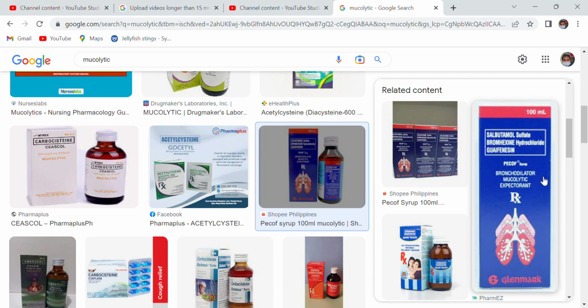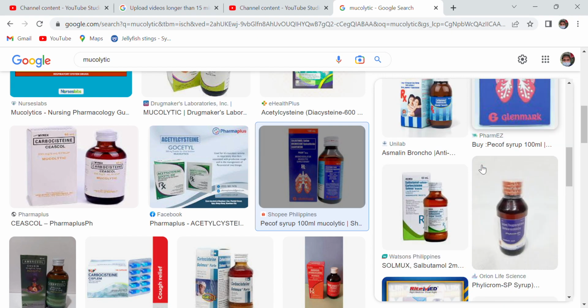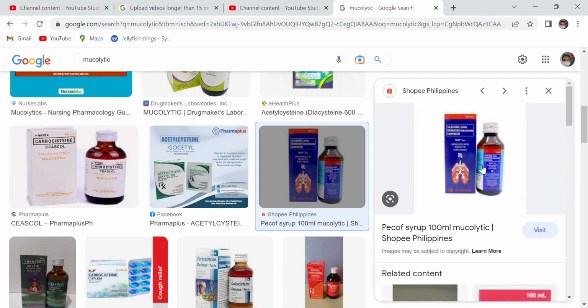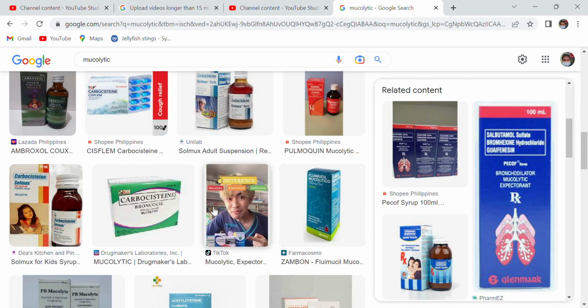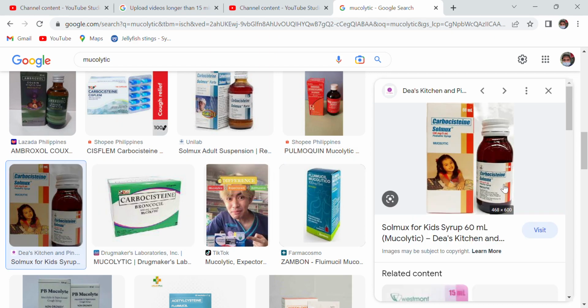I think this is over the counter because it has a bronchodilator, mucolytic, and also an expectorant. But the main treatment for cough caused by bacteria is the antibiotic and a lot of water so that you can really expectorate the phlegm. Carbocysteine is also a mucolytic. Solmux is also a mucolytic.